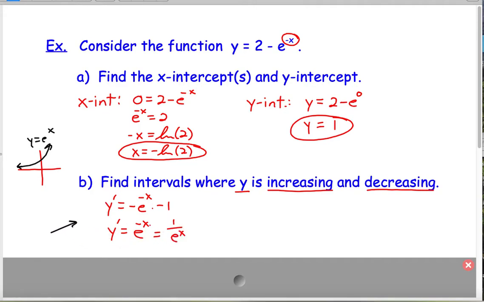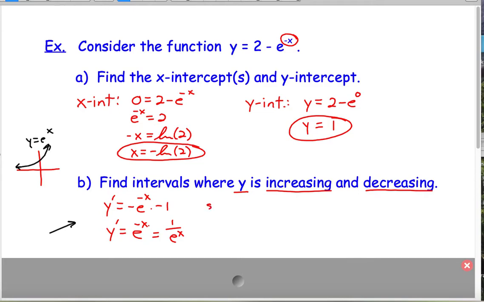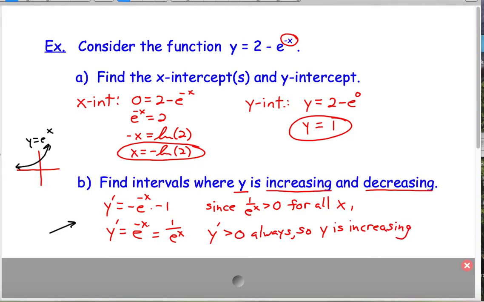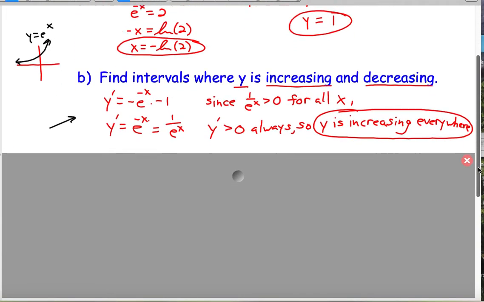So y prime is always going to be greater than 0, since 1 over e to the x is greater than 0 for all x. So that means that y is increasing everywhere. Okay, so we didn't even have to make a sign chart for that.